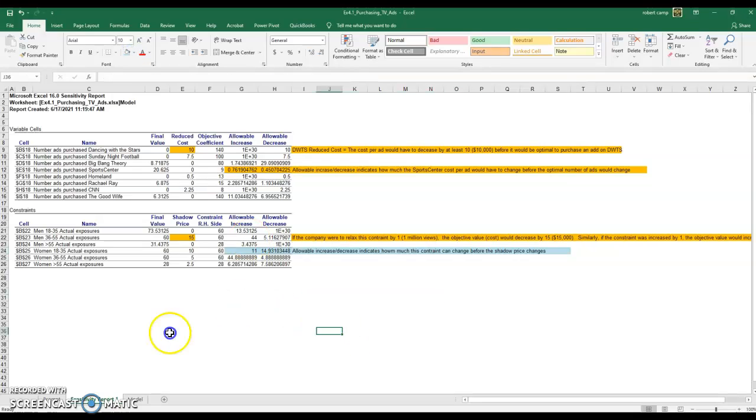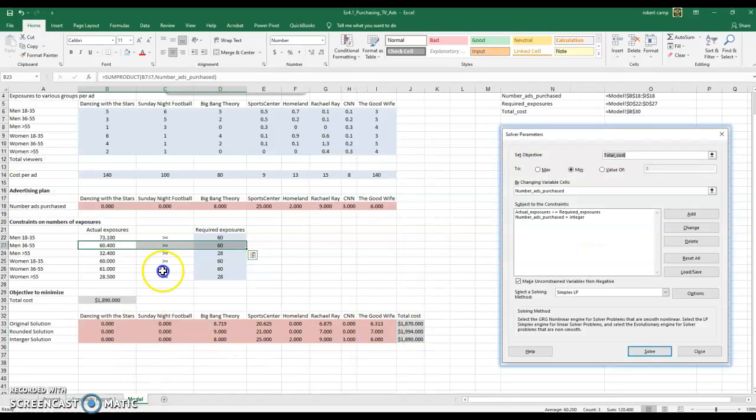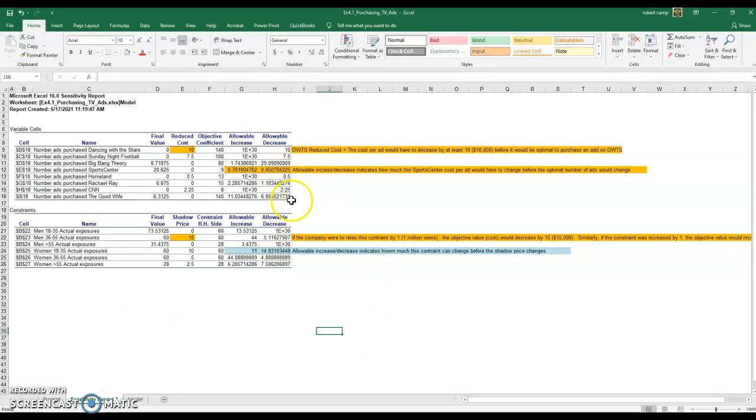Now, with our final model here, which we use the integer solution where things are different, are these numbers still going to be legit? No. Because there's a lot of rounding errors that have happened with the integer solution, but it does give you a general sense of what's going on and what's going to happen as we make these changes.